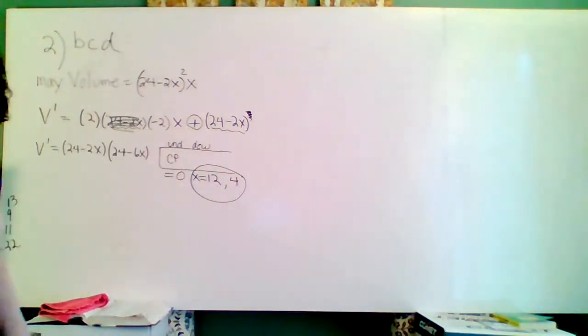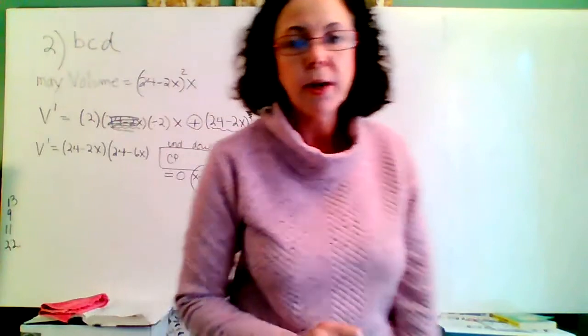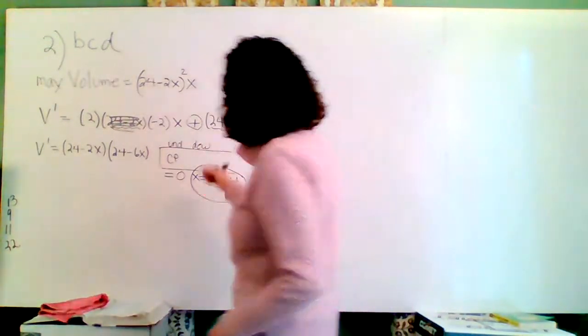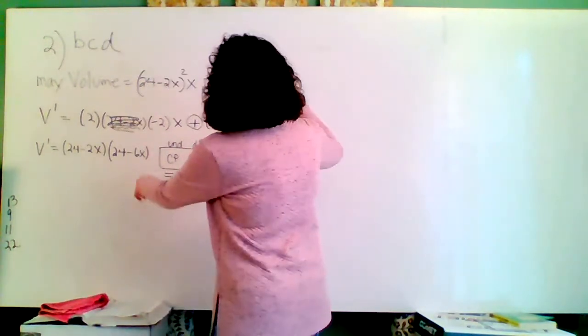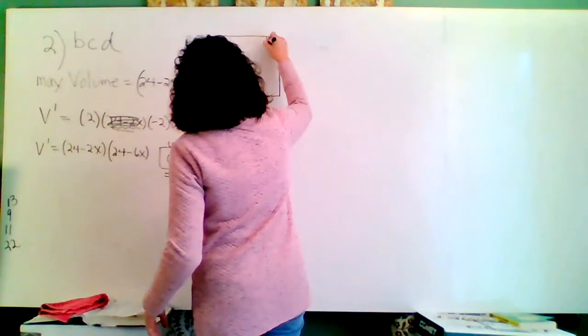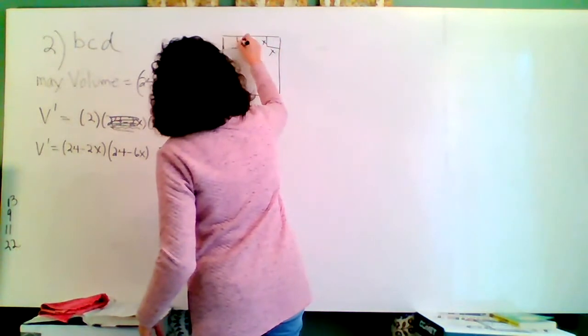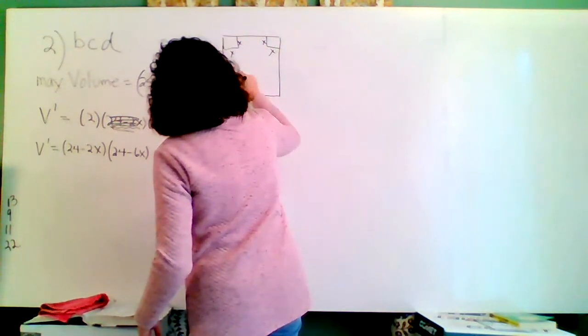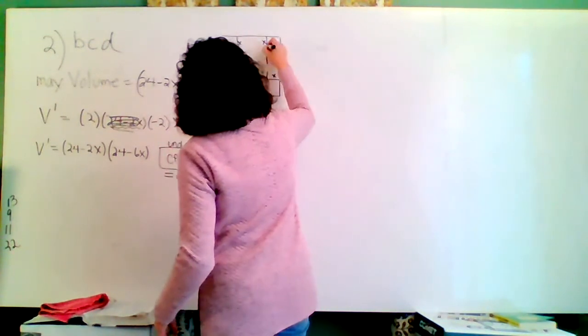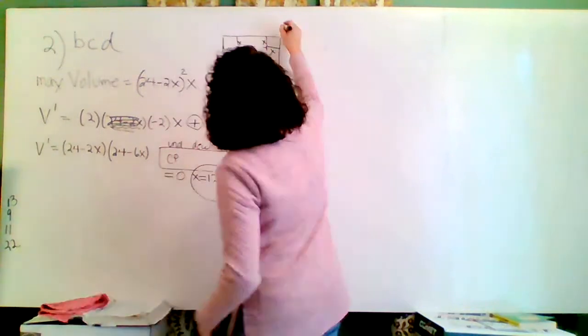Why is the only critical point 4 though and not 12? Because class, what we had is a 24 by 24 right here, and we were wondering what x's we can cut off to fold up and make a box. Well, take a look.